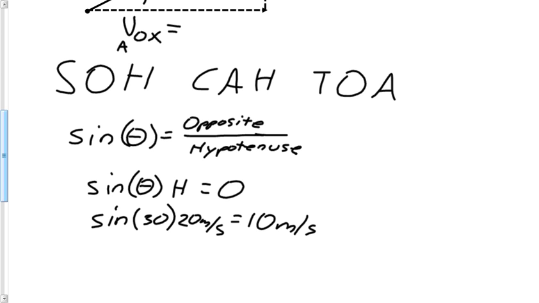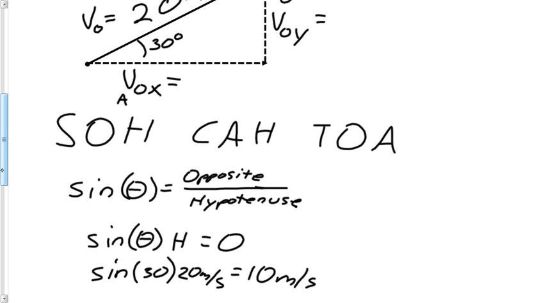The sine of 30 is 1/2. So the sine of the angle times the hypotenuse, which is the 20 meters per second, is going to give you the opposite side. That is the initial velocity in the y direction.